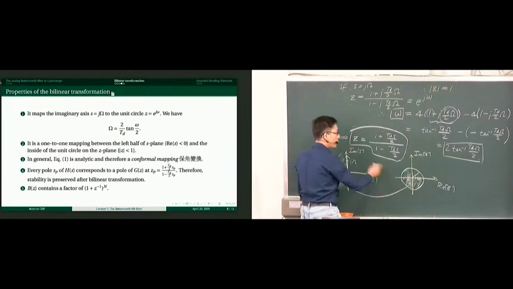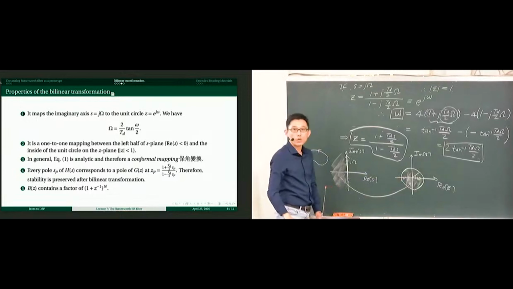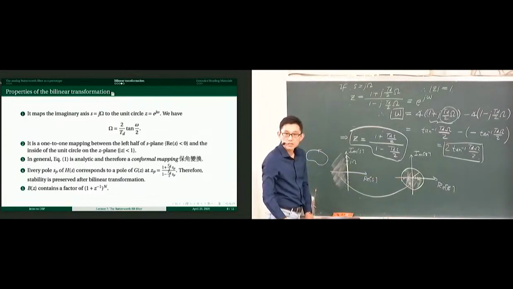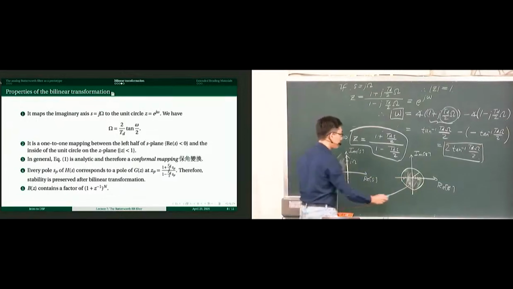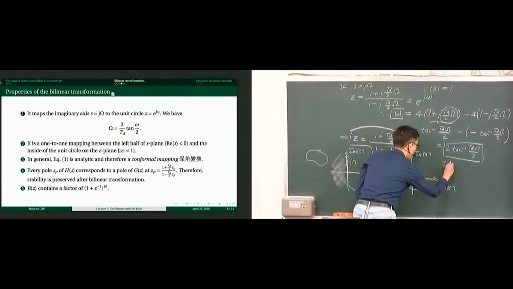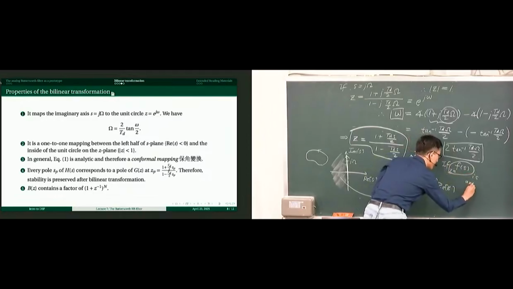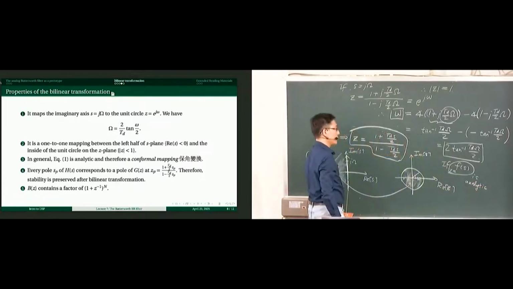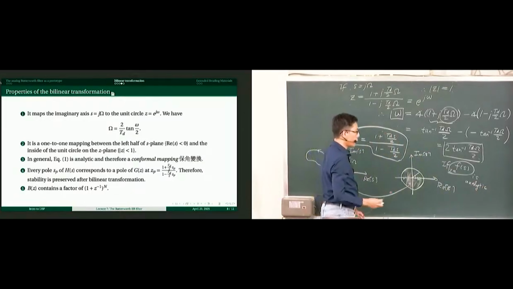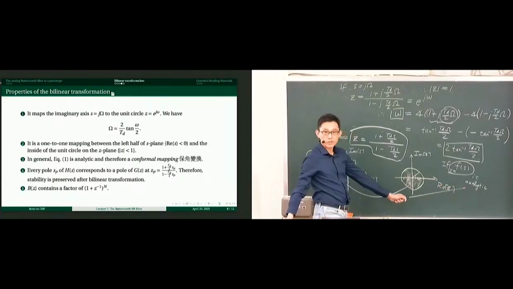In general, if your mapping is a so-called analytic function, 解析函数, if z equals to f of s is analytic in the sense of Cauchy-Riemann symmetry, okay?